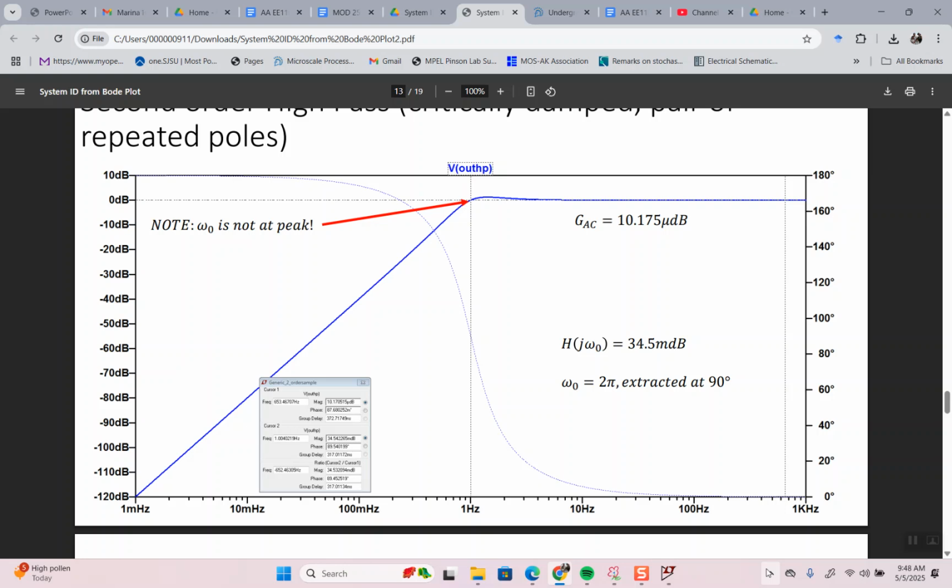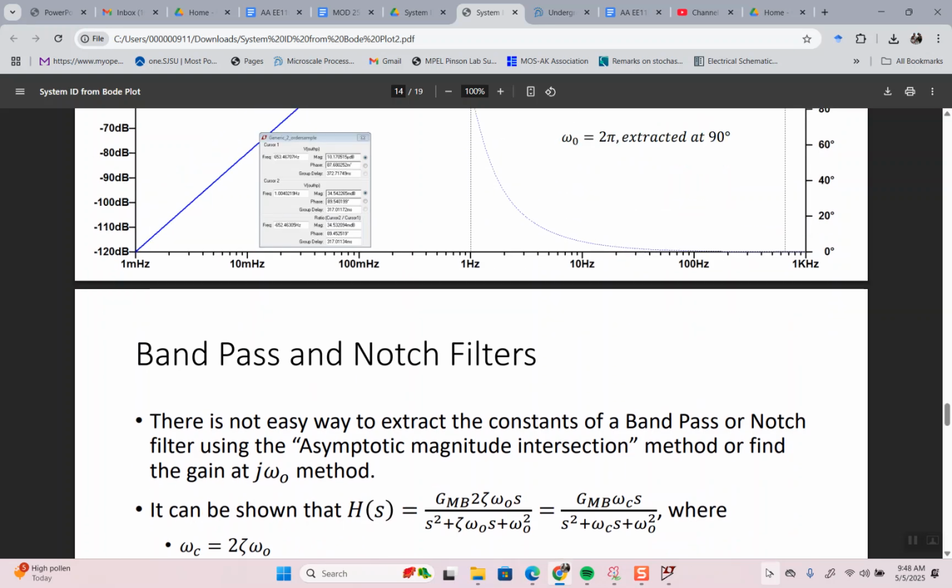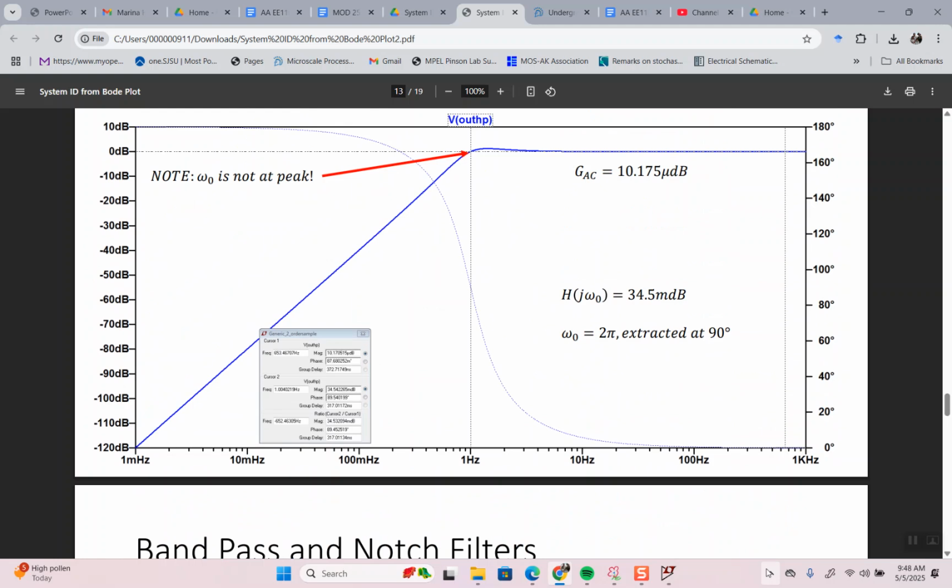But notice, it's right there in red, that omega naught is not at the peak, okay? And then you can just extract from there.